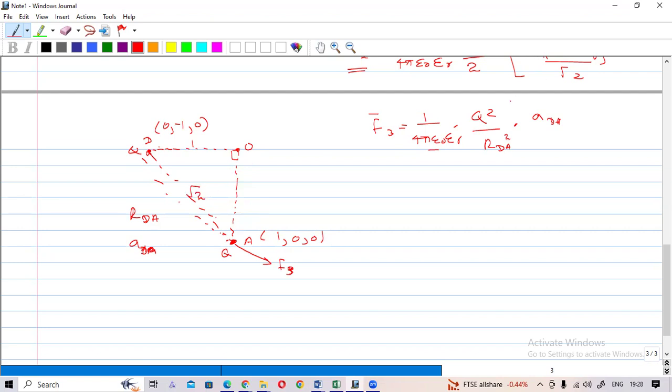So the RDA magnitude will be square root 2.